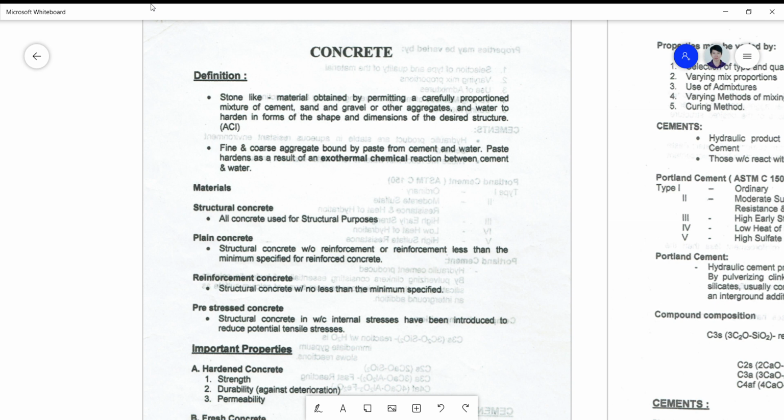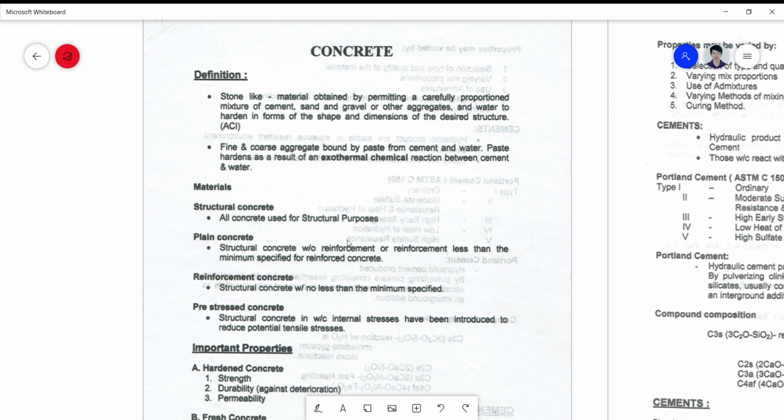And the second definition is more on the chemical aspect, describing concrete as a fine and coarse aggregate bound by paste from cement and water. So the paste hardens as a result of an exothermal chemical reaction between cement and water.